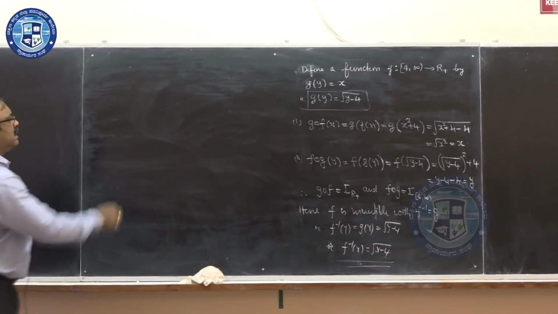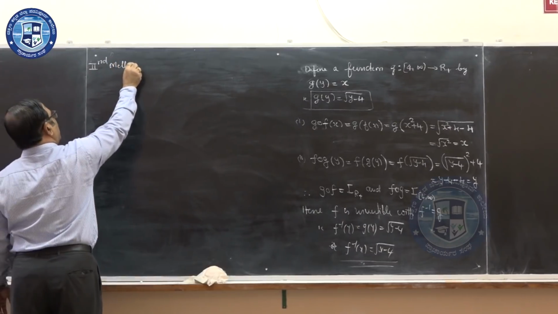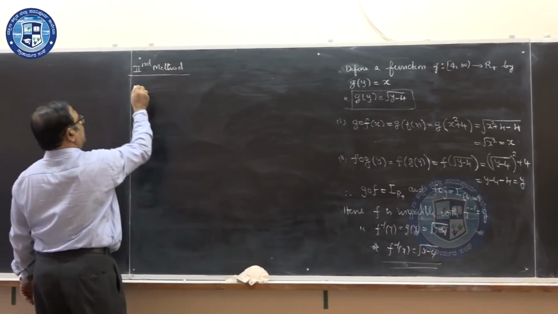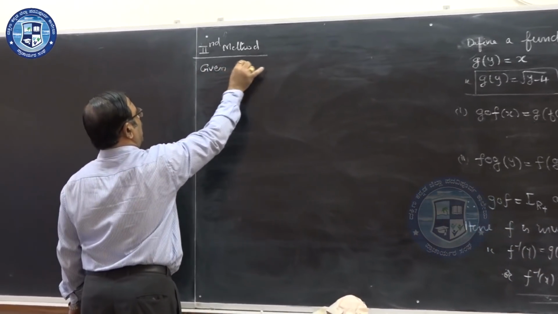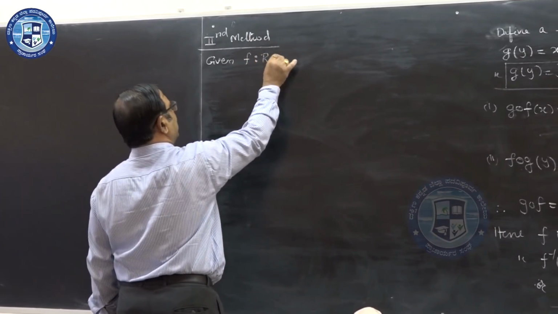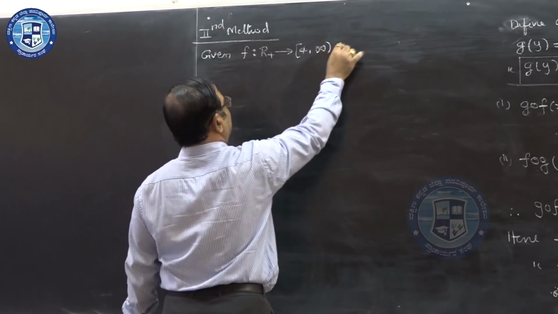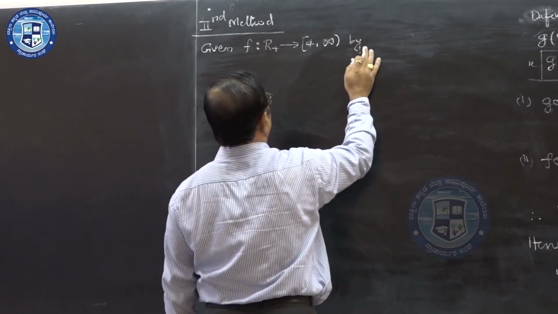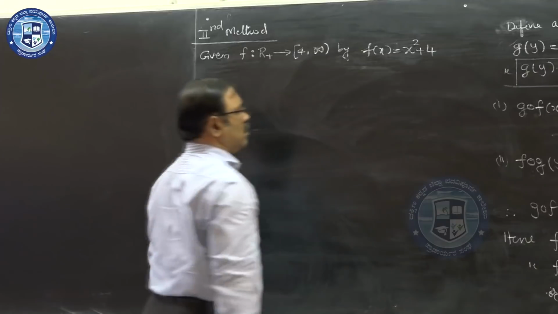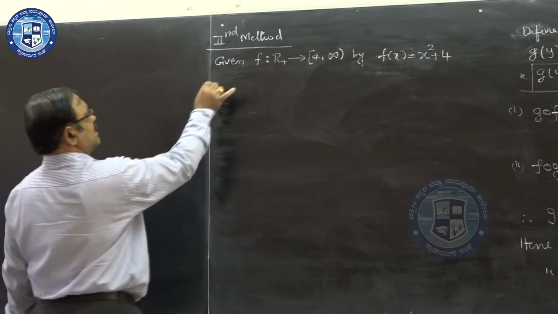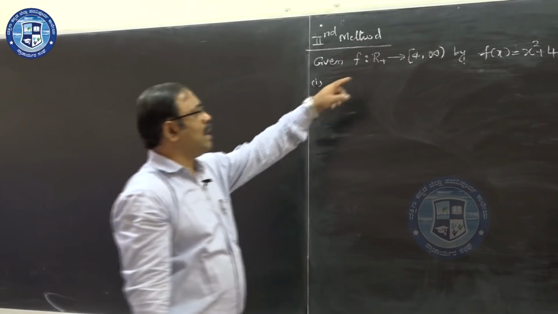Second method. See, they have given f from R plus to [4, infinity) by f of x equal to x square plus 4. Now, first let us verify that the function is 1 to 1.